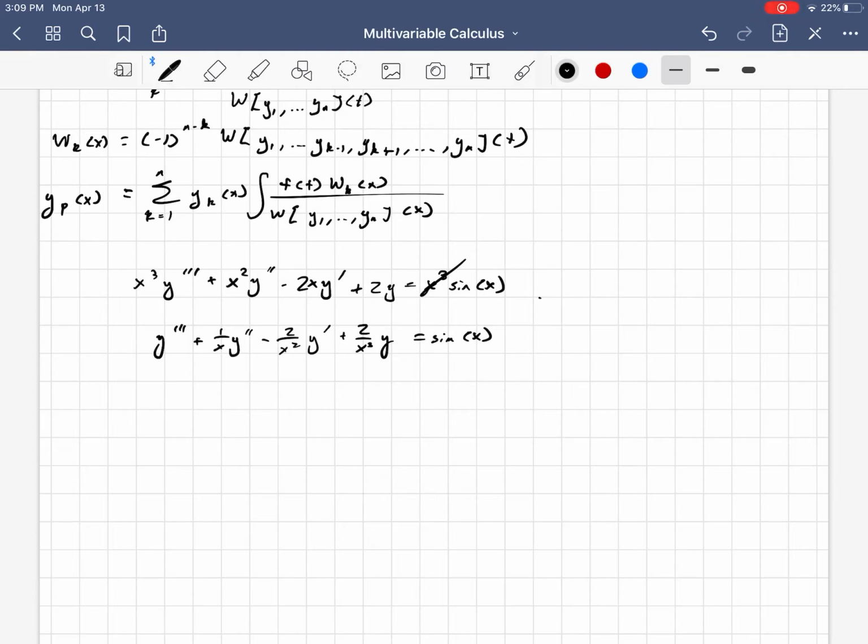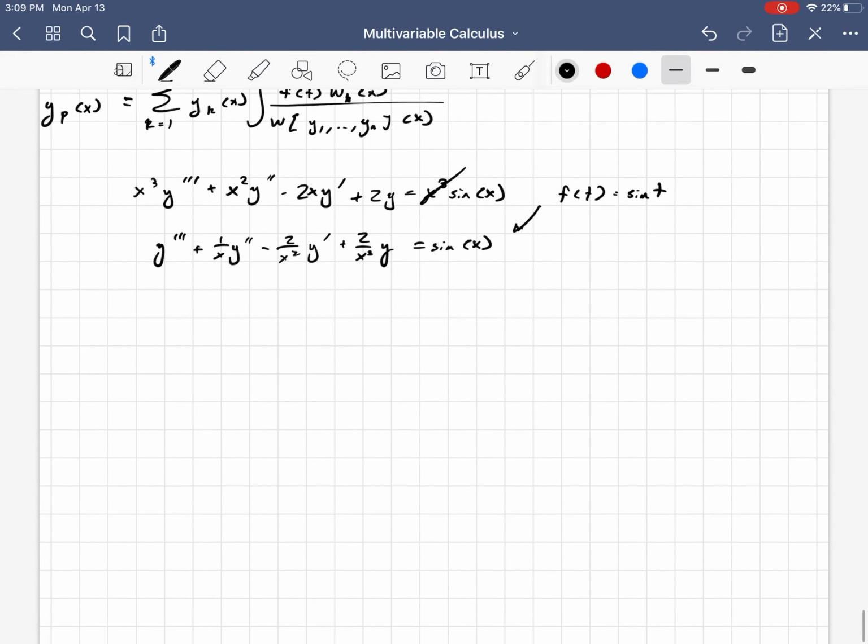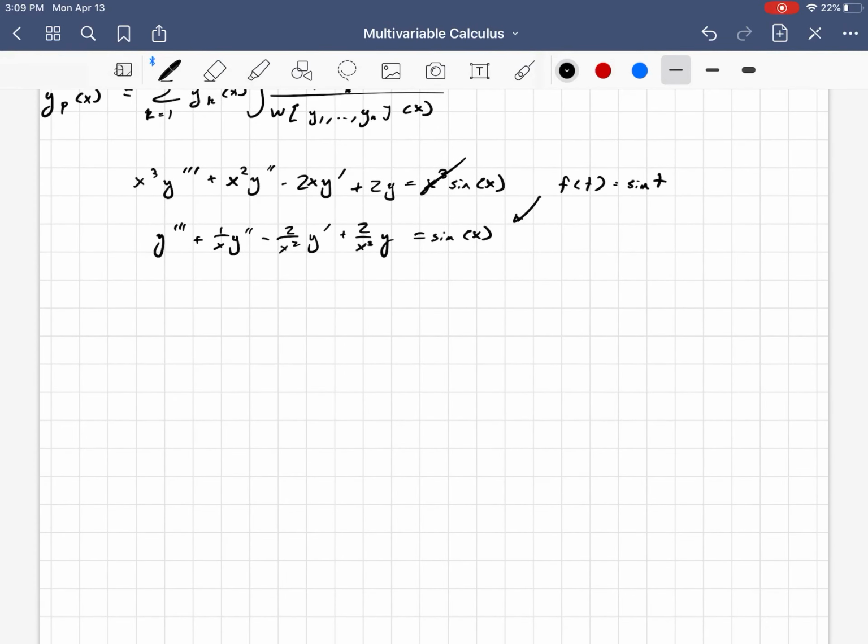And so now we need to do some algebra. First, let's identify some stuff. This is f of t. F of t is just the sine of t. Now we need to find the Wronskian.